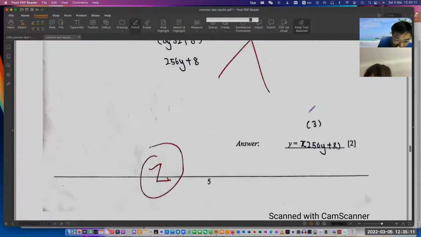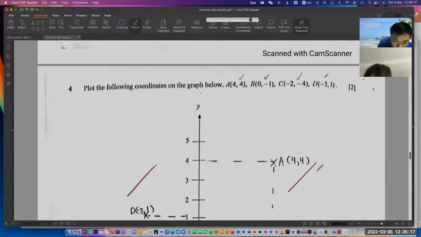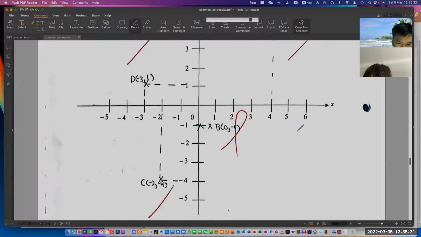Okay, next. Last one is about the labeling. So she's supposed to label 0 and minus 1. By the way, x comes first, y comes later. So 0 for x, minus 1 for y. 0 is here, minus 1 is here. So she's supposed to label here.